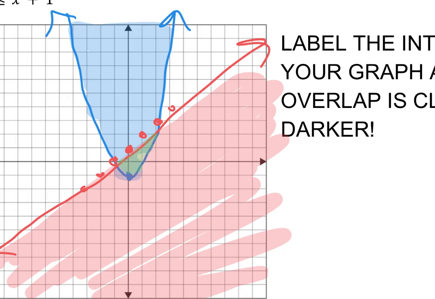And the 2 places where they intersect, you can either tell by looking, are going to be at (-1, 0) and at (2, 3). And again, my parabola wasn't graphed exactly right.